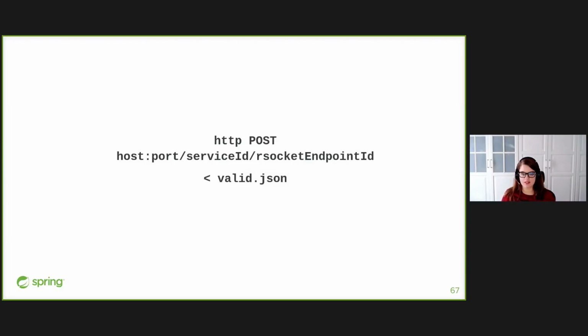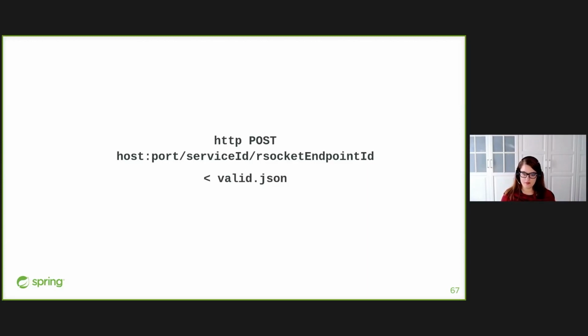So the bridge is actually just a small dependency. It's a module in RSocket routing broker, and it is built on top of Spring Cloud Function. It allows you to do HTTP posts to that broker, where you will just specify your service ID and then your RSocket endpoint. It is very similar to the way that the Spring Cloud HTTP stack support worked for service discovery, load balancing, and so on.